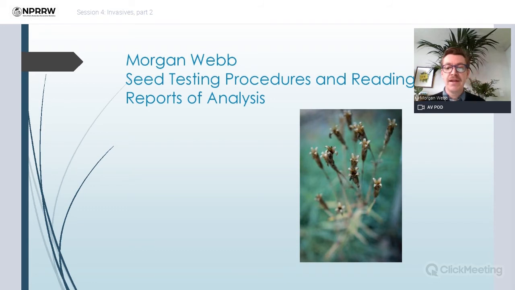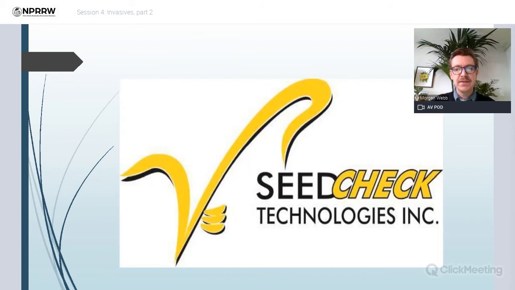I am an accredited seed analyst, a senior seed analyst, and one of the owners of SeedCheck Technologies, a seed testing laboratory in Alberta. When we started SeedCheck, I had been one of those analysts with probably the strongest expertise on canola more than anything.